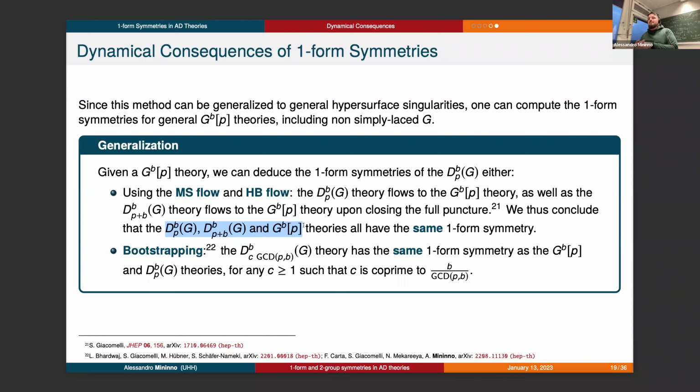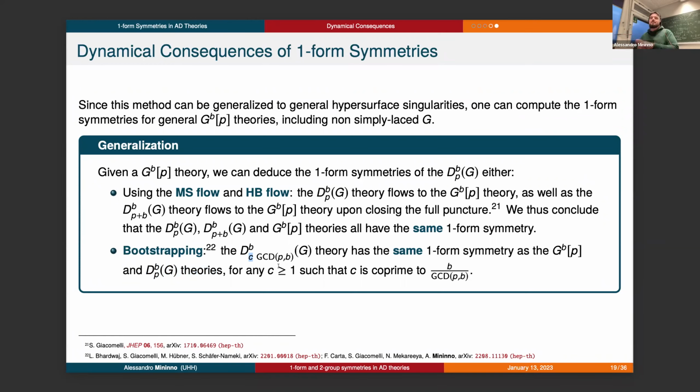And one thing that we explored, extending what these authors did in their paper, is that actually one can bootstrap the one-form symmetry. So you can find a one-form symmetry for a big family of theories, these DCGDP, because they have the same one-form symmetry as the corresponding P theory in which you have C larger than 1.